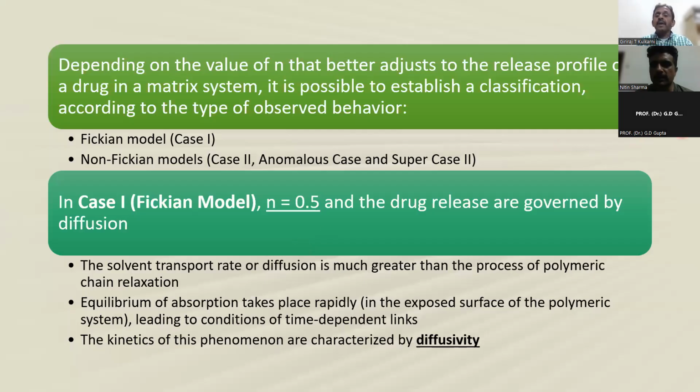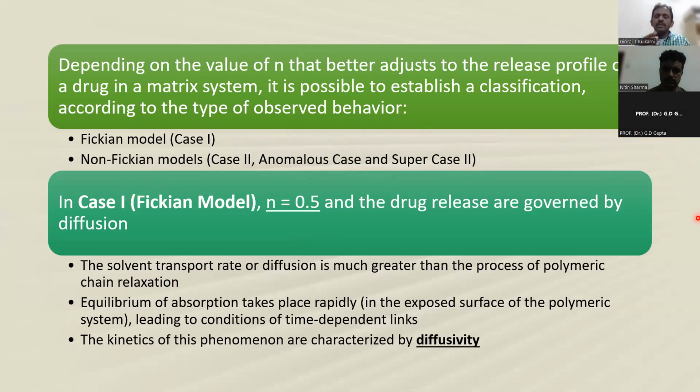So depending on the value of n, from any matrix system, we can calculate the mechanism. This Korsmeyer-Peppas equation describes two kinds of models. One is the Fickian model, which follows Fick's laws. Case 1 is called the Fickian model. Non-Fickian models are case 2, anomalous case, and super case 2.